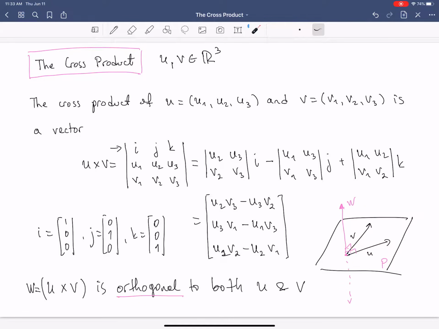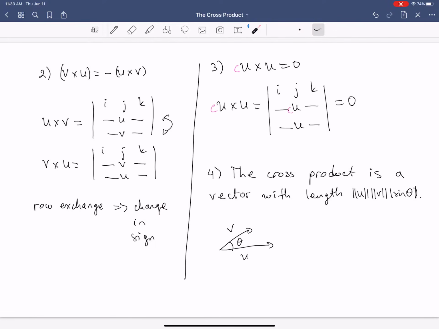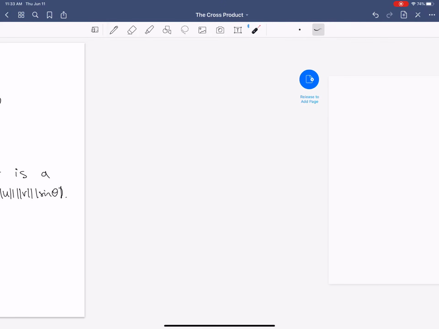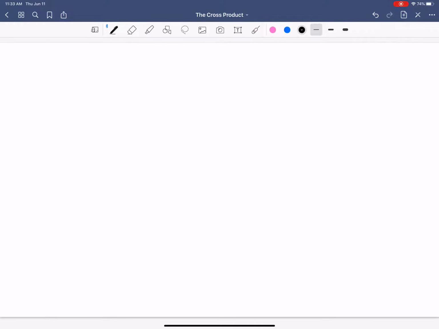And I want to say one more thing. I sort of hinted at that when we looked at the property of orthogonality. So I want to just tie us back to volumes.